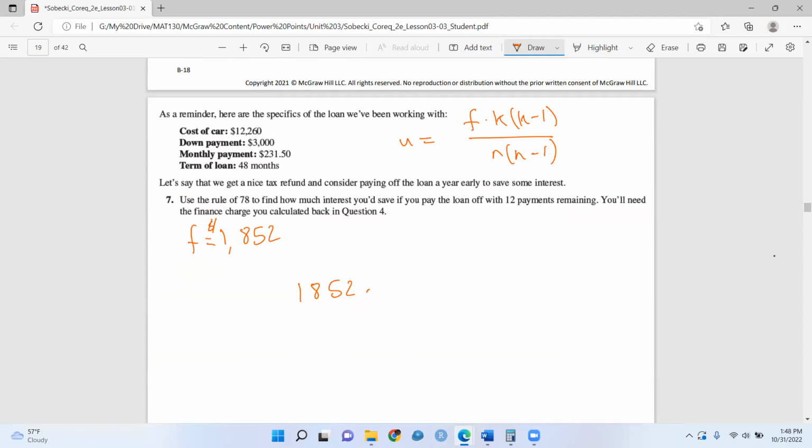You're going to find the interest you save if you pay off the loan with 12 payments remaining. Well, that's exactly what K is, the number of remaining payments. And N is the initial number of months. You can probably subtract 1 from a number in your head, so you don't have to write this all out if you don't want to.